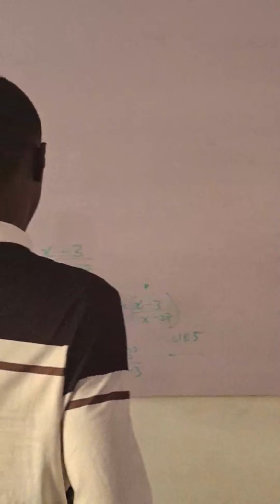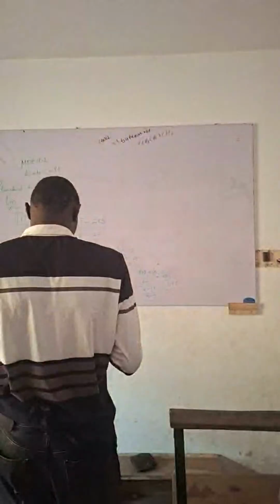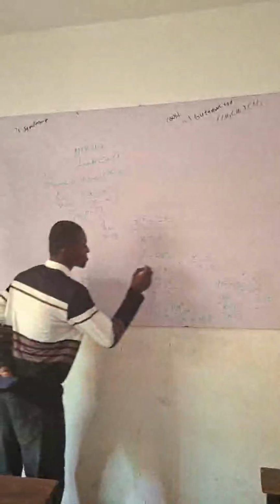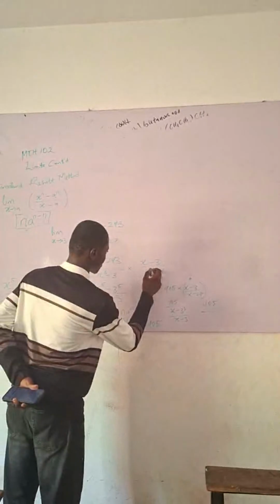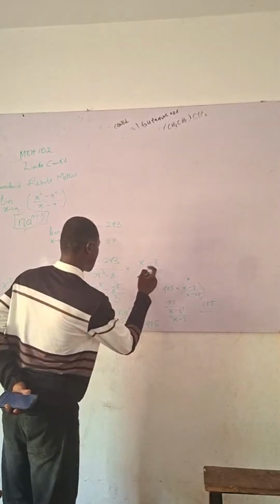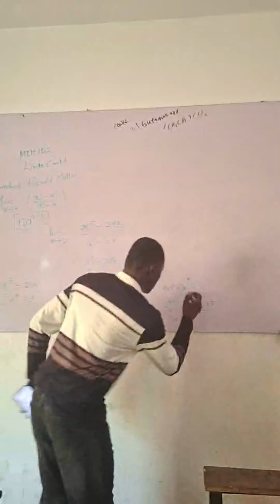I think this is meant to have cube. Let me check the question. Okay, sorry, my bad. This is meant to have cube.